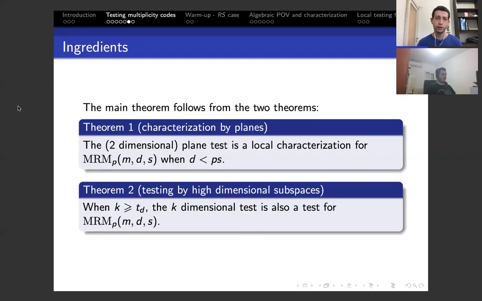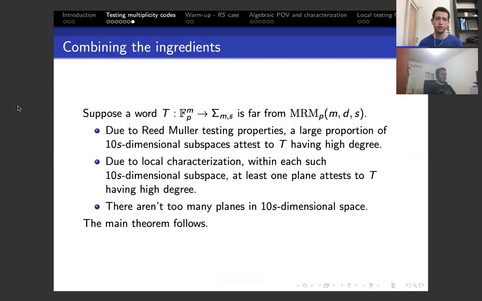So let's talk about how we do this. Given these 2 ingredients, suppose we have a table from F_p to the m to our multiplicity code alphabet. Because of the Reed-Muller testing properties, if we pick an intermediate tens-dimensional subspace, a large proportion of these will tell us that the table does have a large degree.